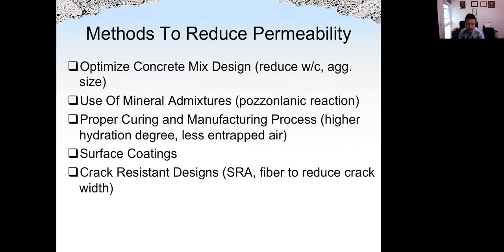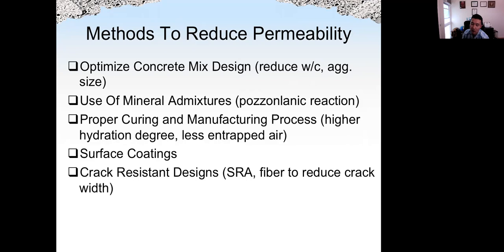So how can we reduce the concrete permeability? We can optimize the mix design of concrete by using a lower water cement ratio, but that's not the only factor. We can also reduce the size of aggregate or reduce the volume of aggregate.